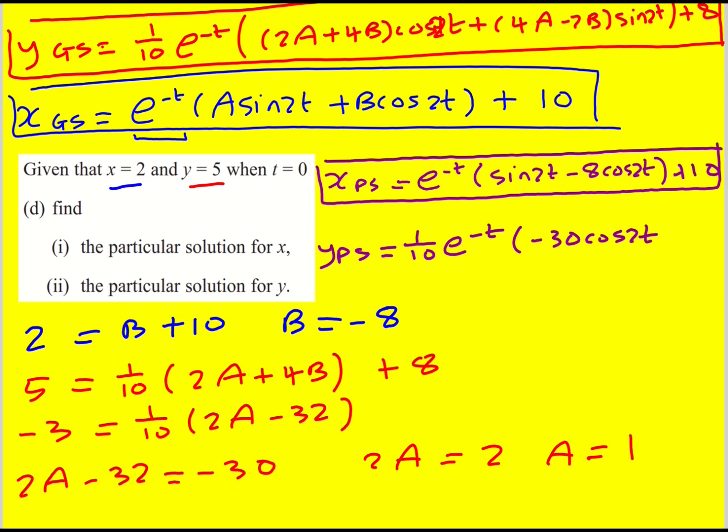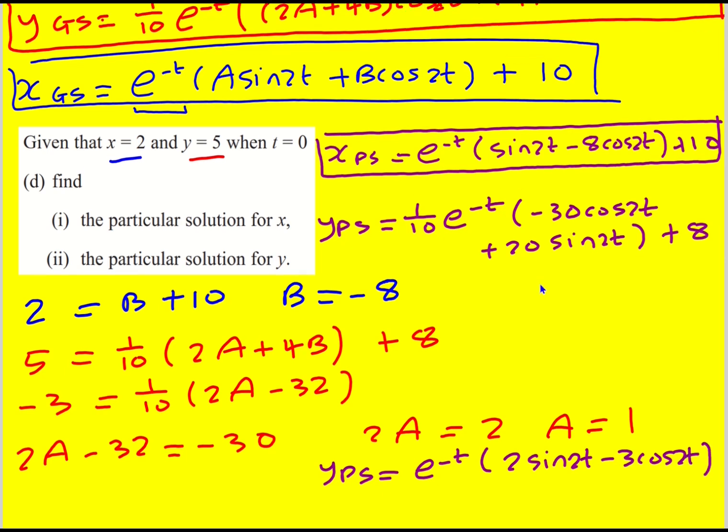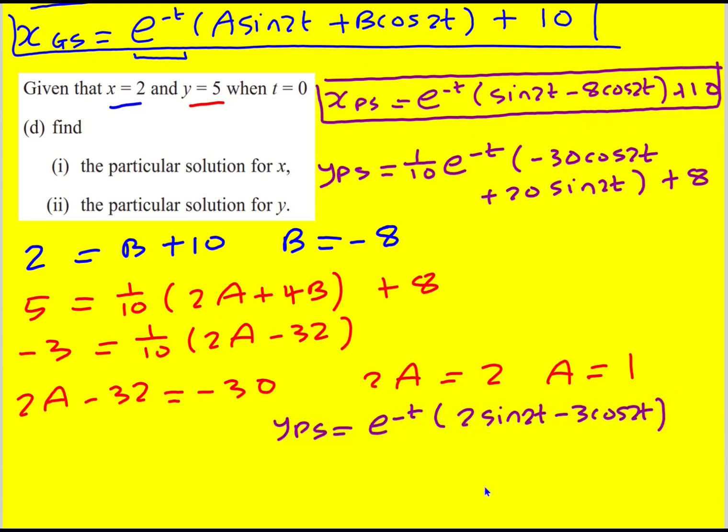I'm going to get a plus 20. Okay, and we can make this neater now. So y particular solution is going to then equal e to the minus t, 2 sine 2t minus 3 cos 2t, because I've just divided through by 10, and then plus 8.